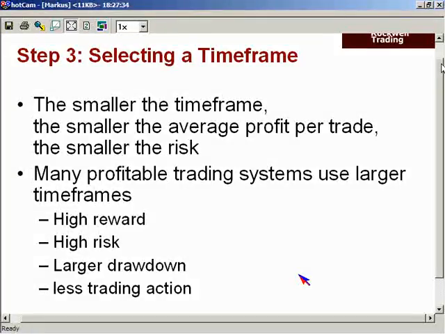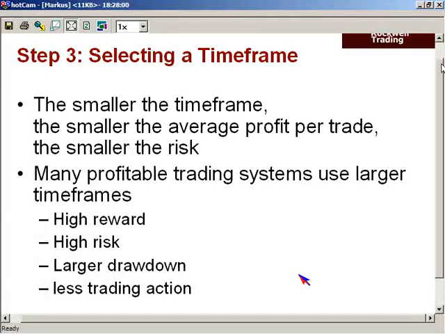My preferred time frame for my own trading is 15-minute charts. The reason I'm using 15-minute charts for my day trading is that I get rid of the noise in the market caused by computerized trading, by program trading, and by the scalpers. It is big enough to eliminate the noise, and it is still small enough that I can capture the nice trends that we have throughout the day.